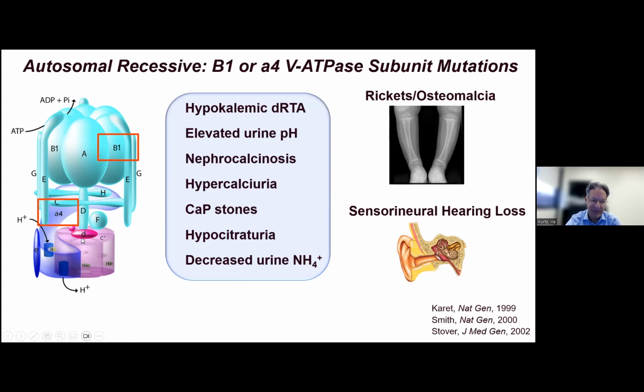And again, that's in the V0 subunit, which is made of 6 different proteins. The V1 is made up of 8 different proteins. So there's 14 total. Again, these patients have a similar phenotype, including the sensory neural hearing abnormalities.